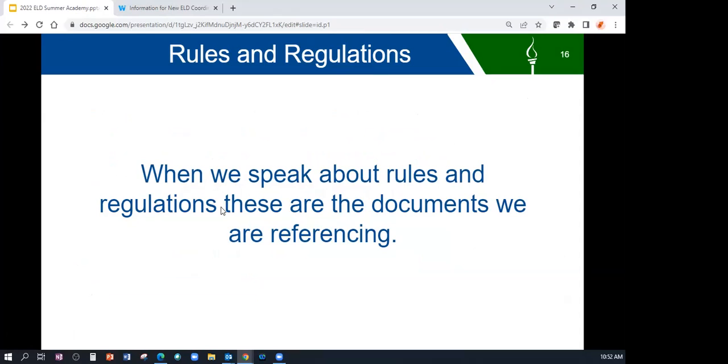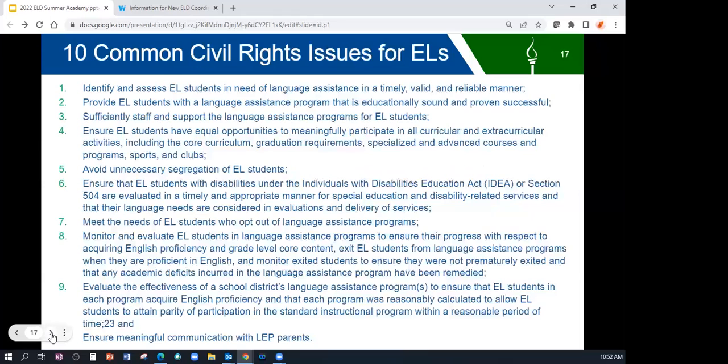And then as a state, we make recommendations based on those rules and regulations. So we don't really set our own different guidance. We rely on the federal guidance as our main rule process. So these are the 10 common civil rights issues for English learners that they observed and investigated over the past couple of decades.